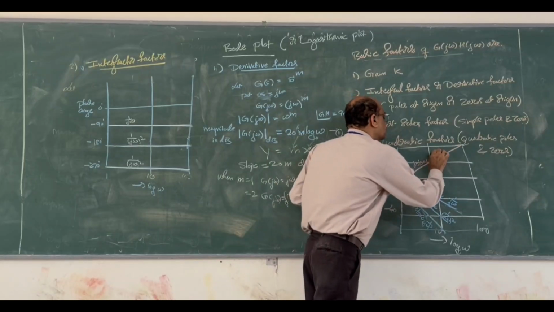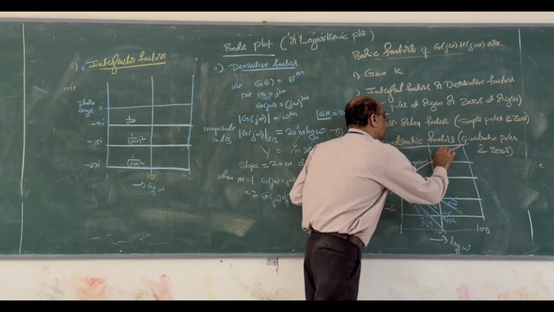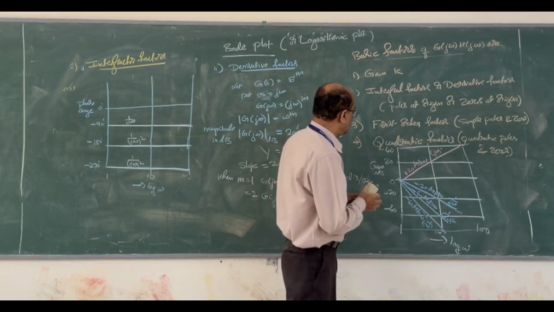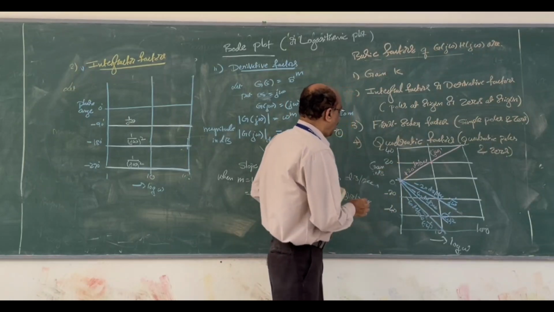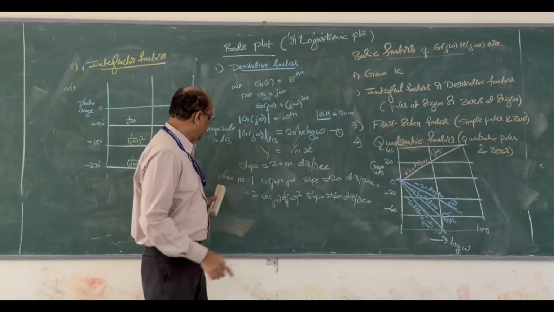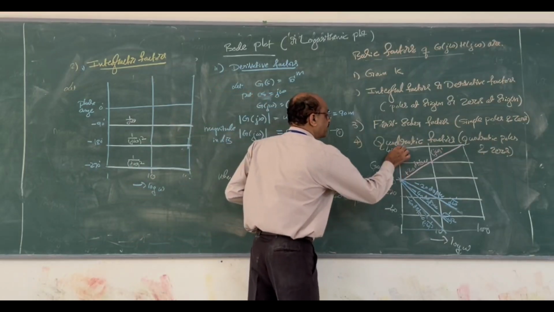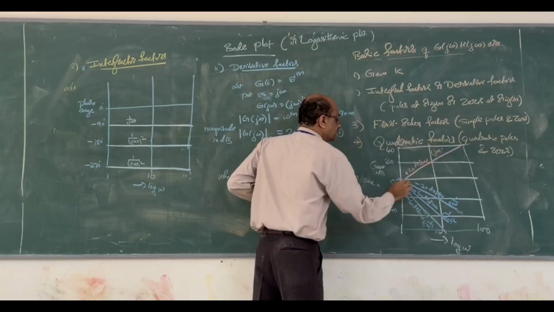You can draw this one for j omega to the power of 1. Then I have next the 40 dB per decade. So the change in gain is 40 for 10 times the frequency.